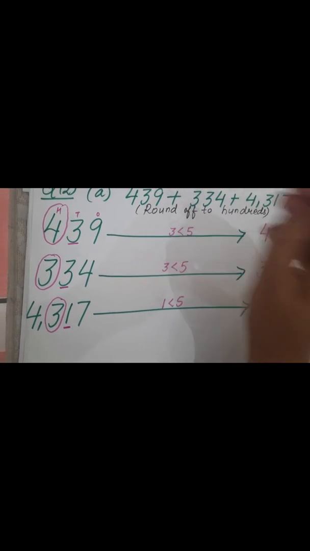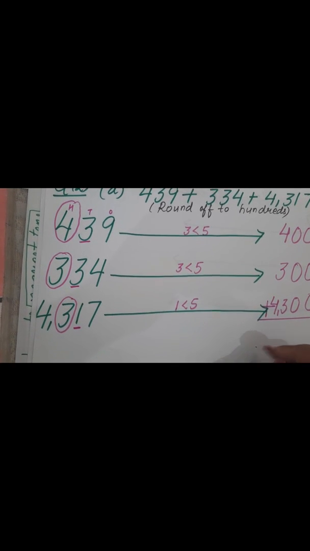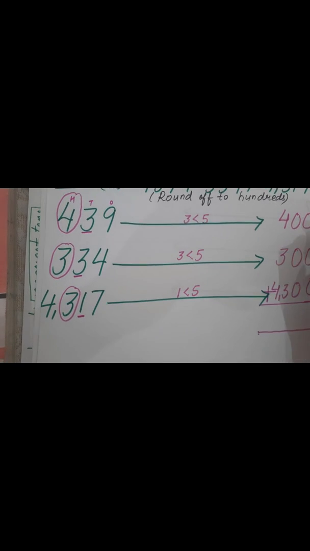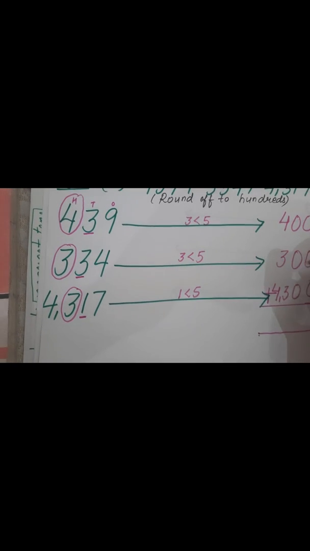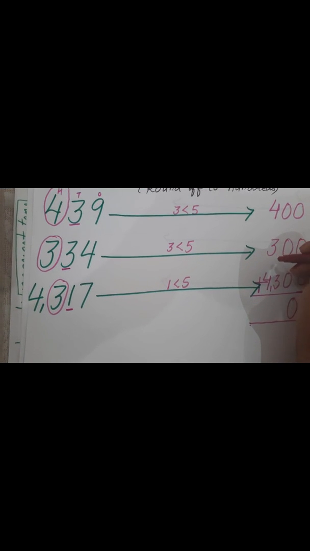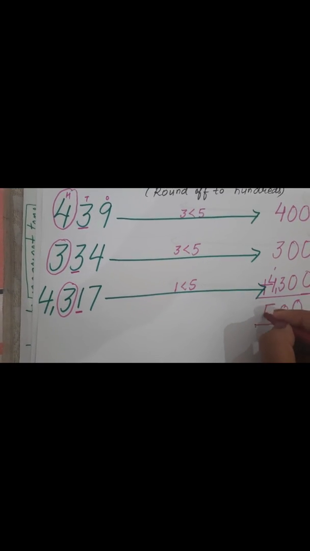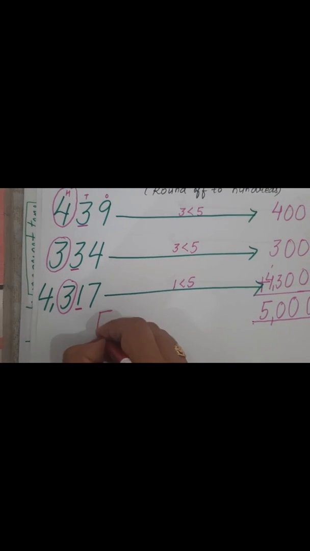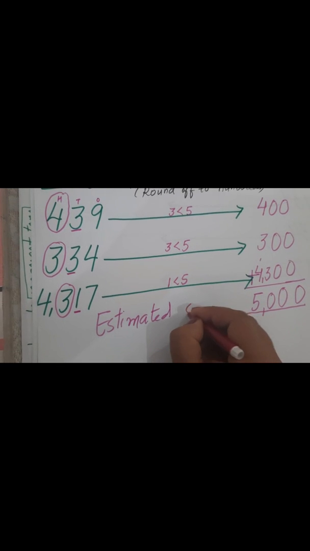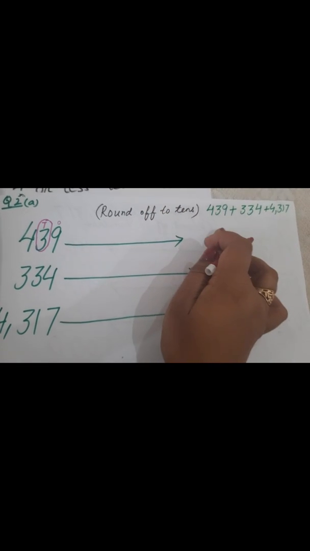As the question is of addition, write plus, the sign of addition. Then after solving we get 0, here again 0, 4 plus 3 is 7, 7 plus 3 is 10, 0, 1 carry, then 5,000. So I will write estimated sum.